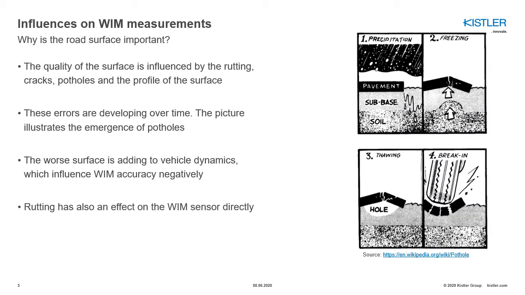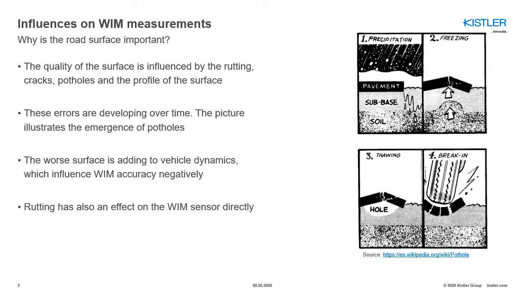So what about the second factor of road properties? It's the surface. The quality of the surface is influenced by the rutting, cracks, potholes, and the profile of the surface. These errors are developing over time, as you can see in the picture on the right-hand side.